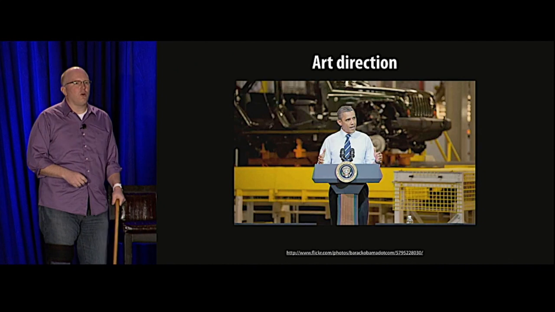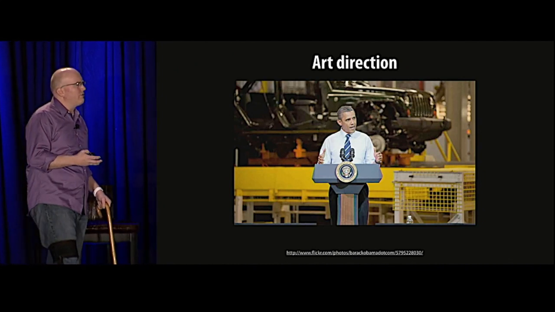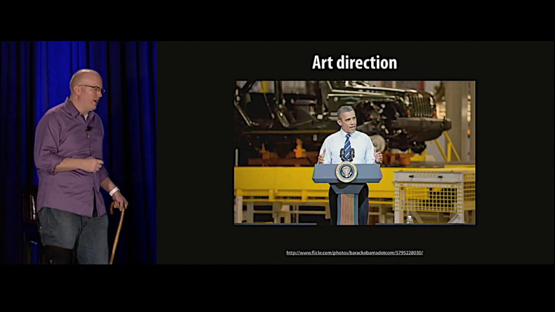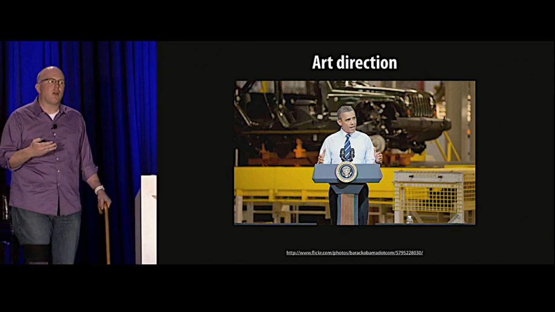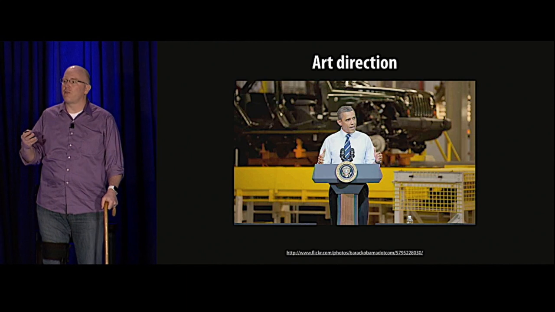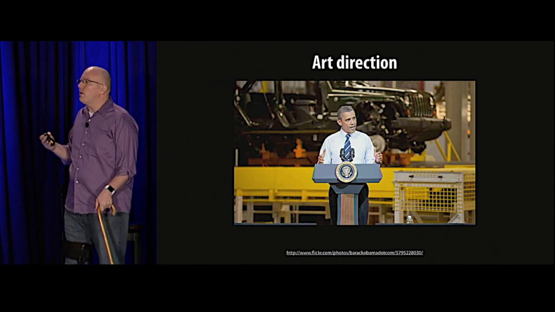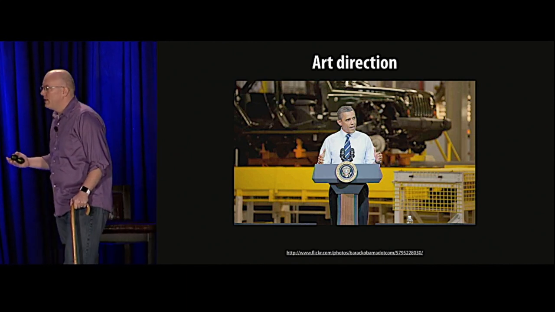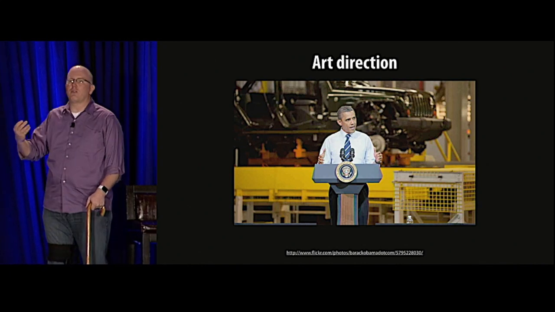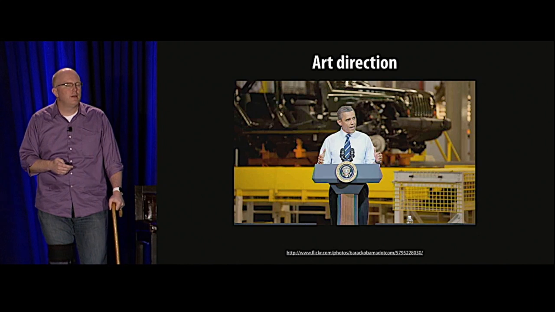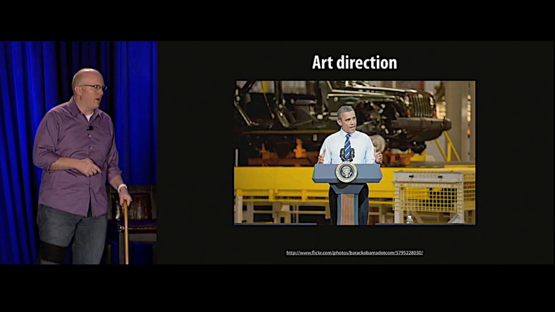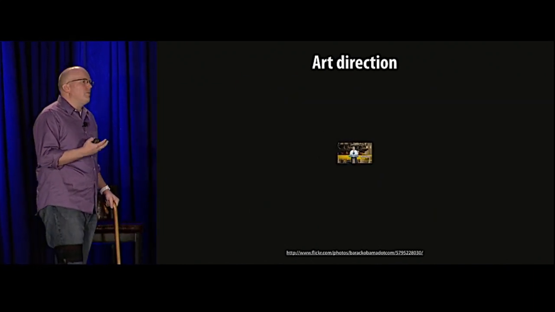The other use case is called art direction. And the art direction use case manifests in a few different ways. In this first example, we have a photograph of President Obama speaking about the success of the auto bailout at a Detroit factory. If we're on a large enough screen, it makes a lot of sense to show the factory backdrop. It adds context to the story. It tells us a bit about what's going on. But if we simply shrink this image down, it becomes unrecognizable.